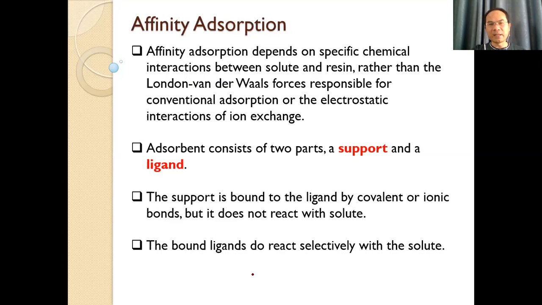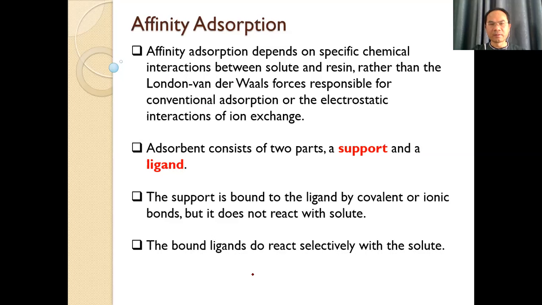For the next adsorption, we call it affinity adsorption. Affinity adsorption depends on the specific chemical interaction between the solute and the resin. It depends on the interaction between the solute and the surface of the solid, rather than van der Waals force or ionic bond, like physical bonding, chemical bonding or physical interaction.